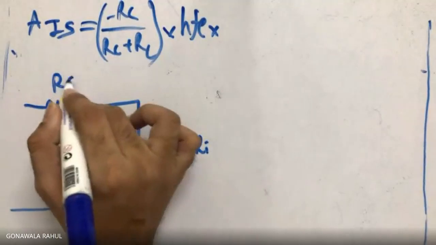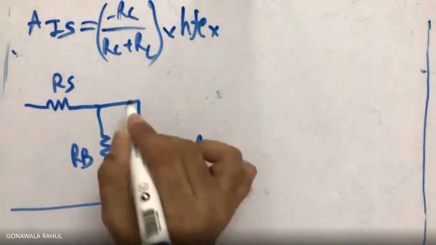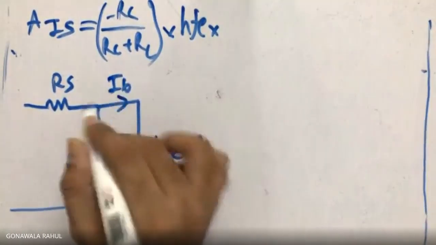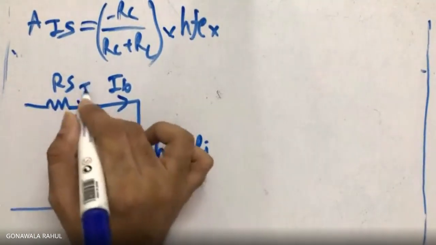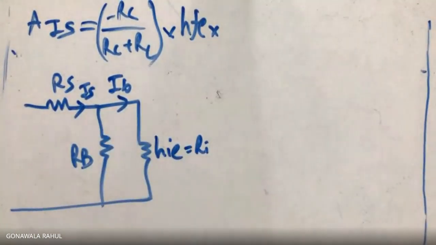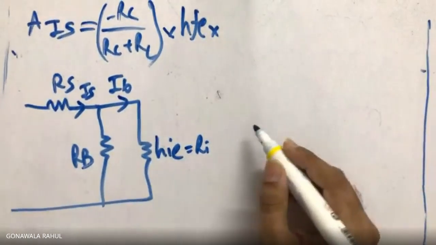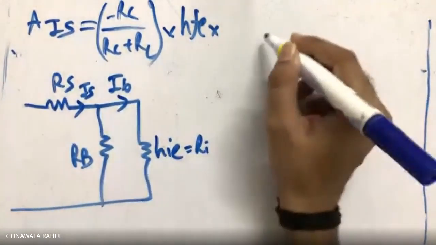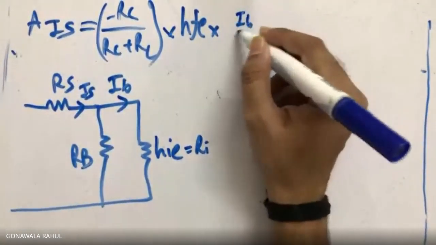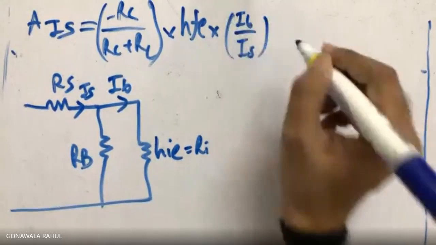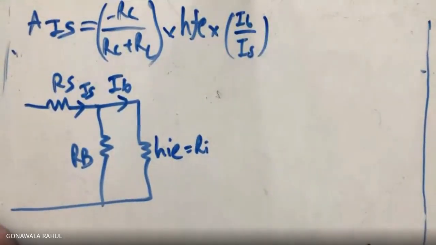This is RS, RB, HIE. This was the base current here, and this was IS, the source current. Now what I have to find out is IB by IS.